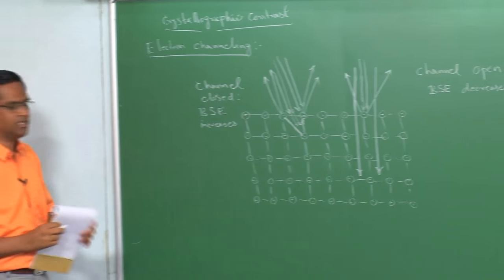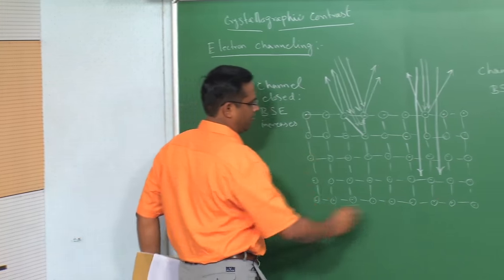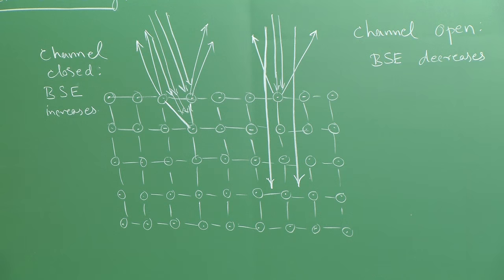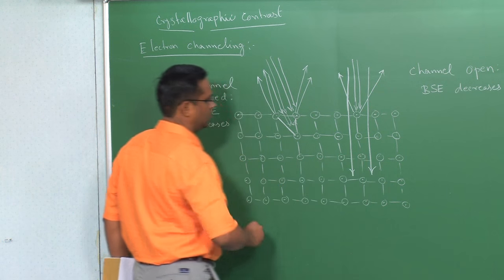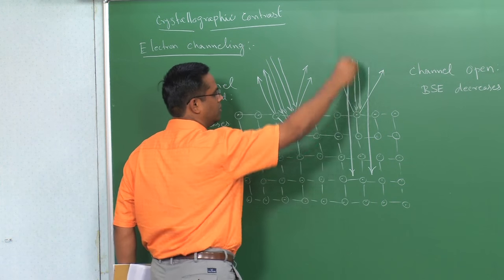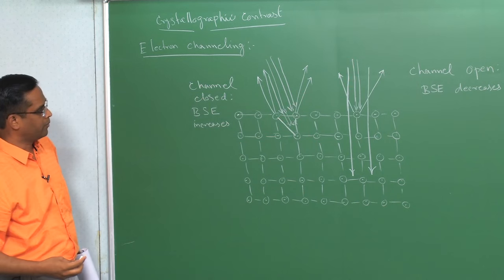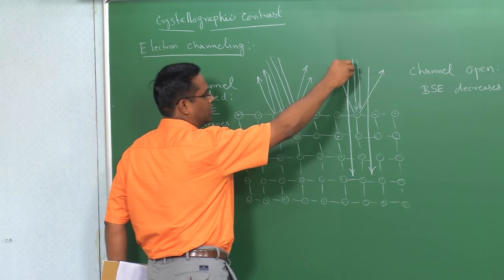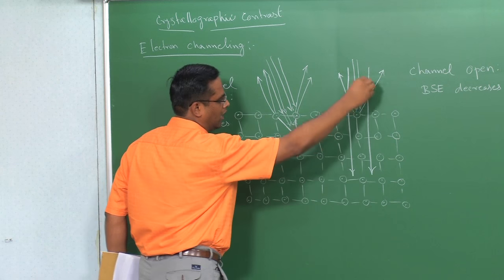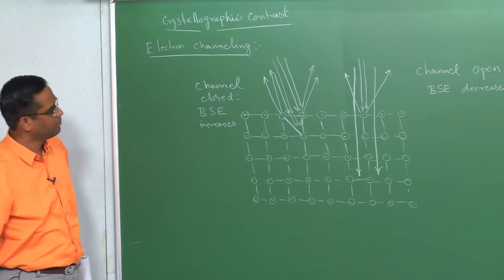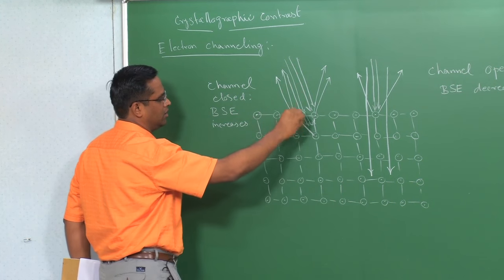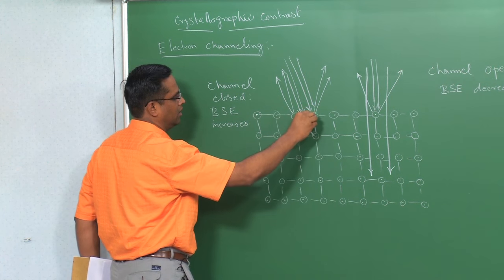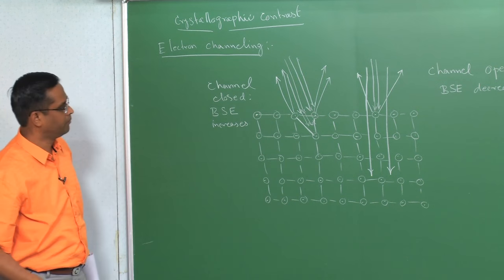What I have drawn here is a representation of a 3D lattice in 2D, and suppose this is the electron beam which is coming and falling on this, where the electron beam travels all the way deeper inside the crystal, and here the electron beam is being stopped by this kind of randomness.